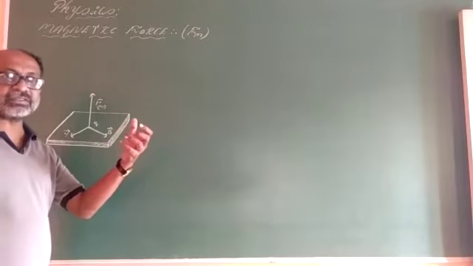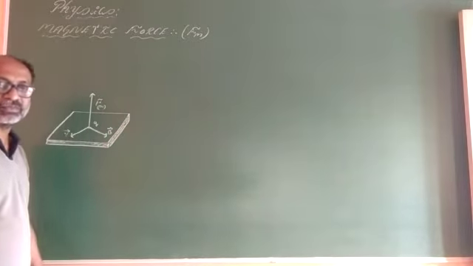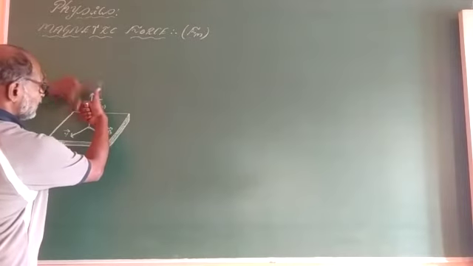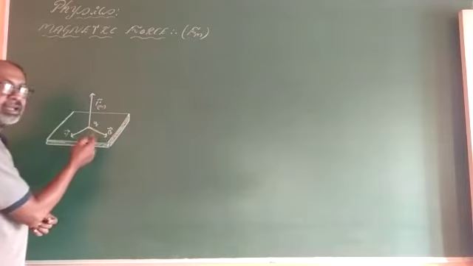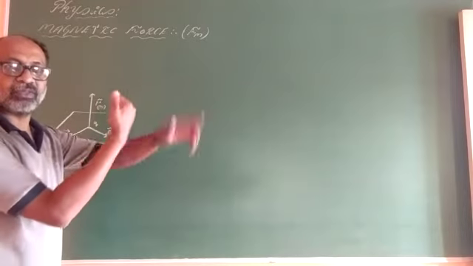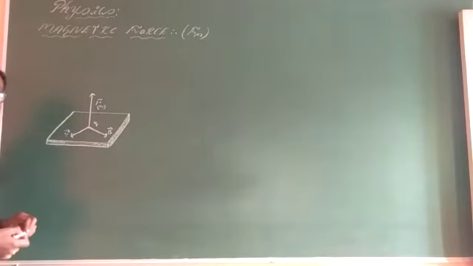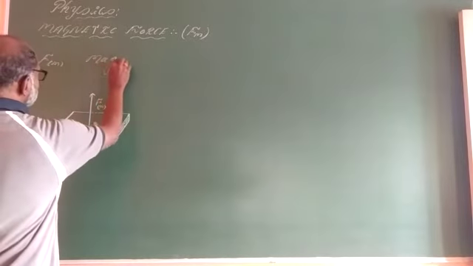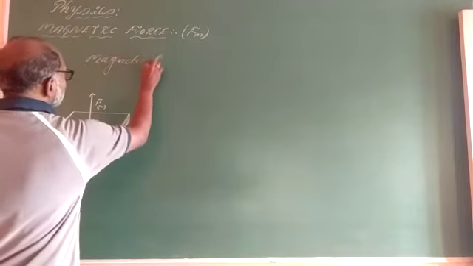Then what is the direction of the force? Please apply the right hand thumb rule. The force is experienced in this direction, and the velocity of the charge is in this direction, and the magnetic field is also in the same direction. So here, Fm is nothing but the magnetic force.